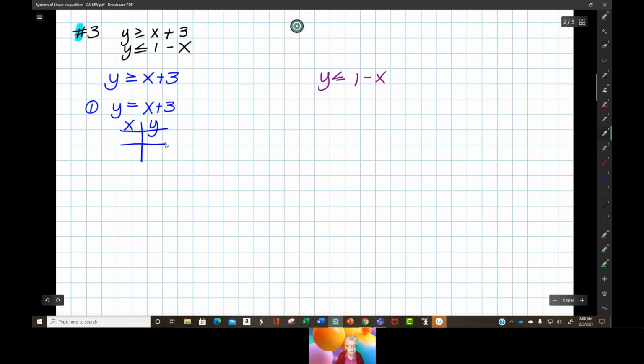Doing this is always easier when you've got slope-intercept form. All you have to do is choose your x's. I could choose any numbers, but I like them easy. Is that such a crime? 0 and 2. If x is 0, then y equals 0 plus 3, which is 3.